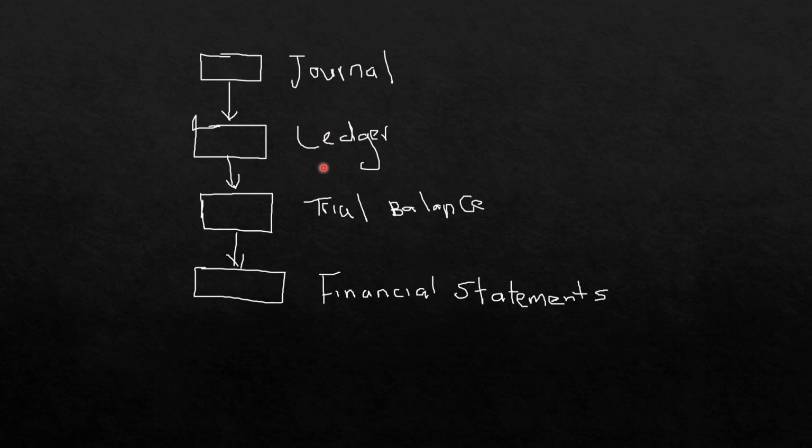Then the second stage is called the ledger. So ledger accounts. This is where the double entry system occurs, and the balance here is supposed to balance. All ledger accounts must be balanced. After recording journal accounts, you create ledger accounts.